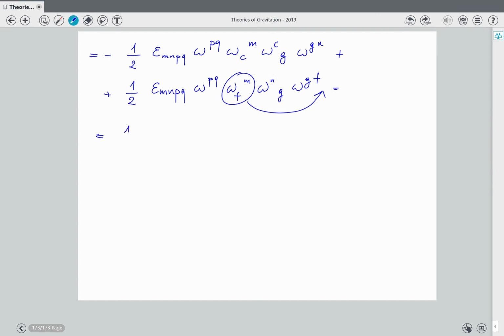So the second term is what? Omega, omega, omega, NG, GF, FM, NM. And the first term will be the same, actually. So it's just a matter to recognize that the first one gives the same.